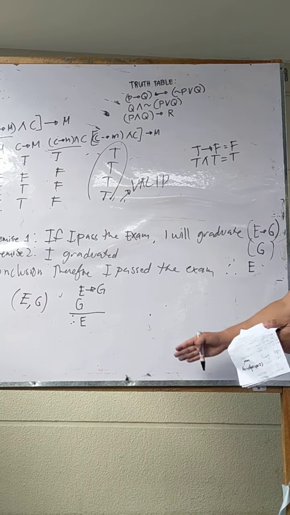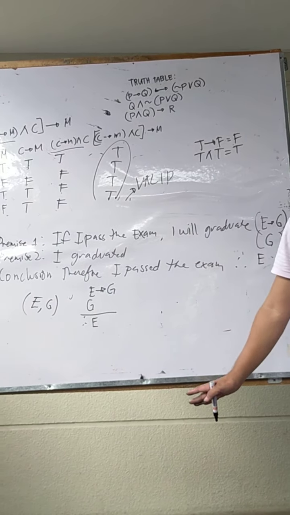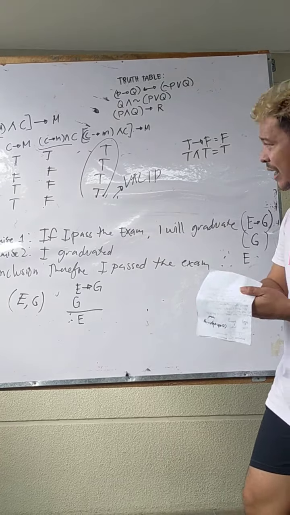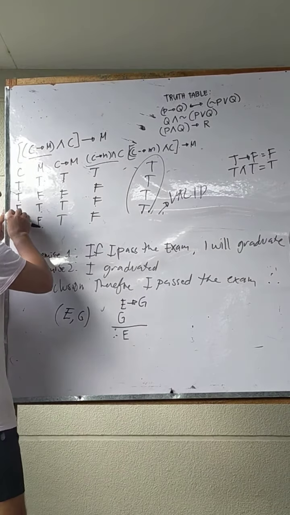So let us identify if this statement is valid or invalid. Let us again write a truth table for this.